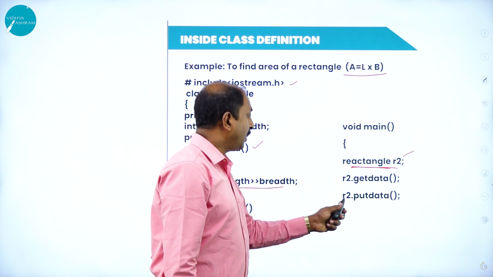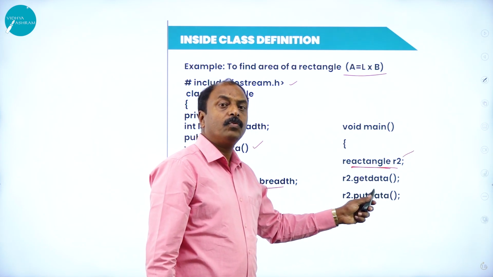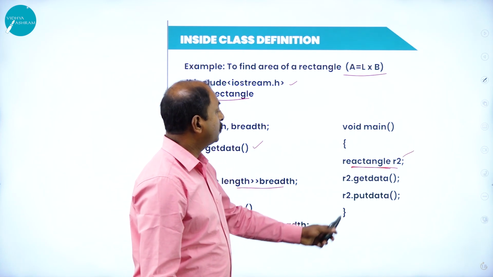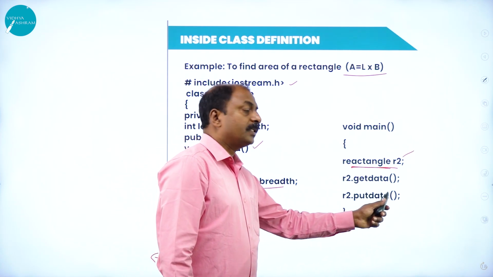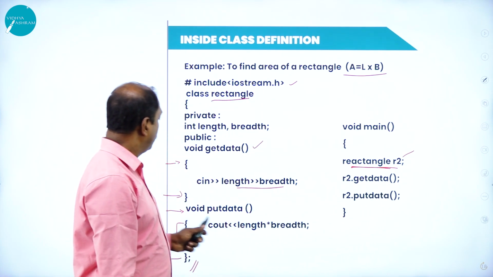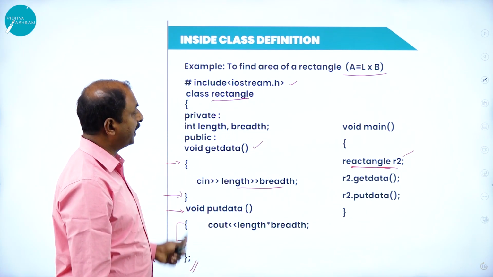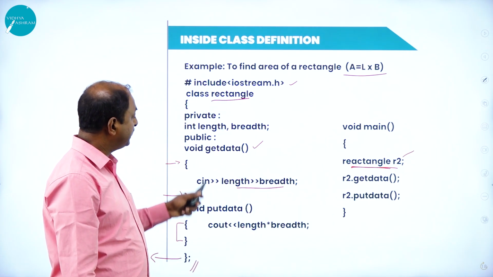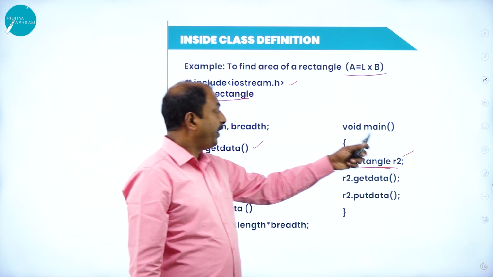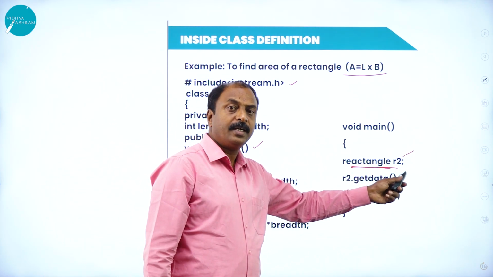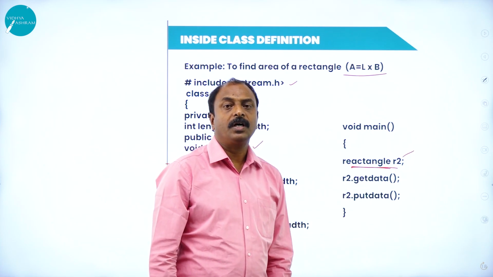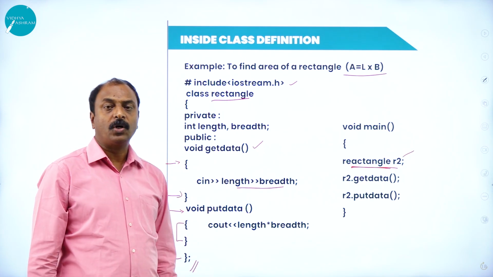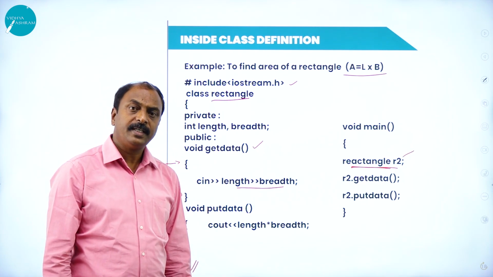Again, R2 dot putdata: we are invoking, or calling, the function here, and the control transfers to this statement inside the class. So this is how to write a function definition inside the class, and in the main function create an object and then call the functions. This is an example program to show the working of a function definition inside the class.